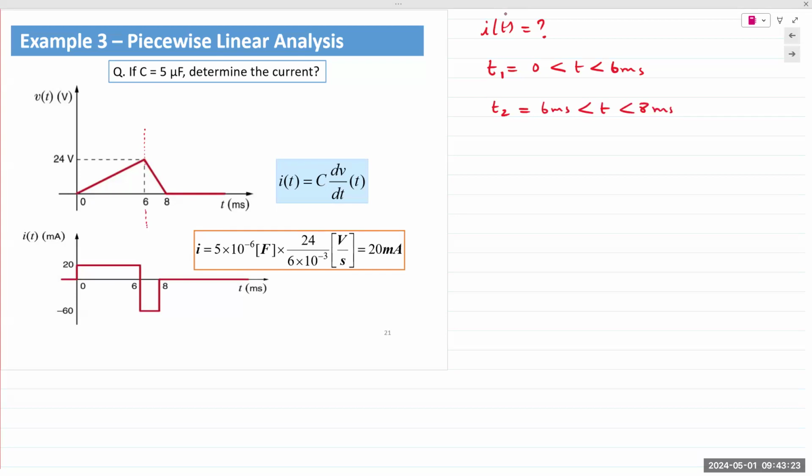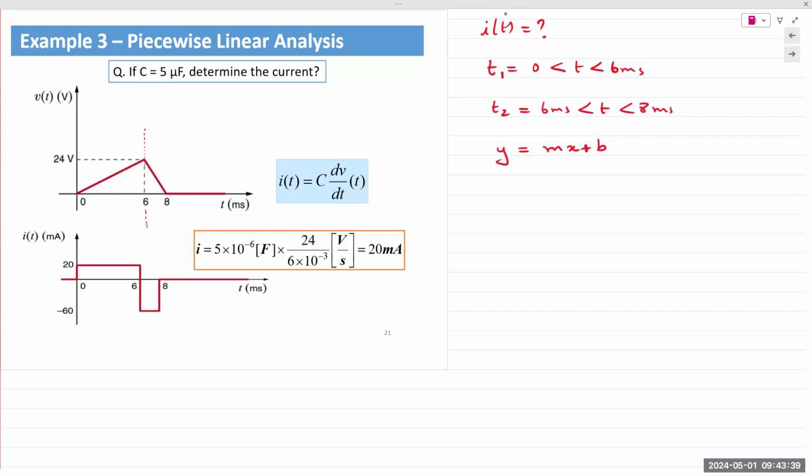And what I will use is the slope-intercept method to describe the line. It serves two purposes. One, I can mathematically describe the line.